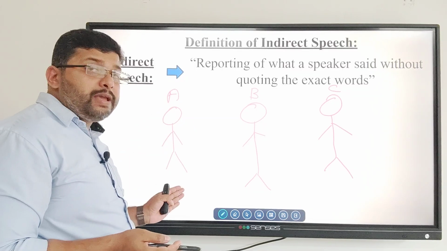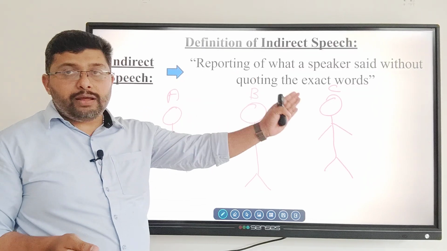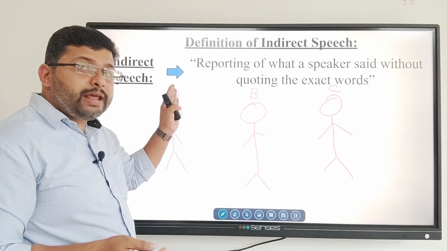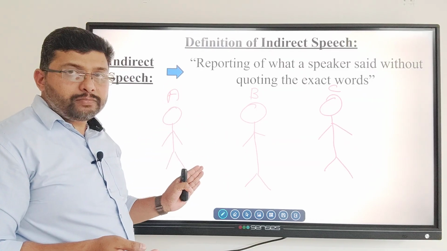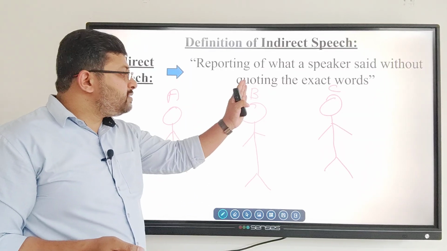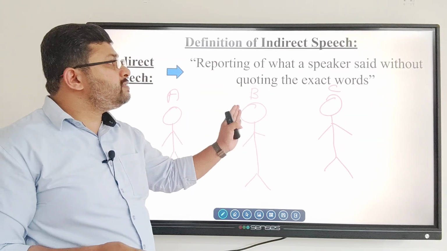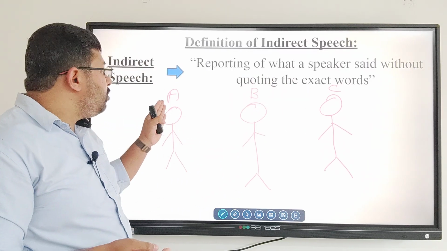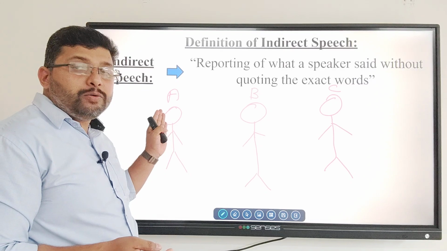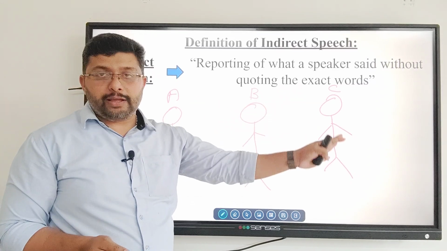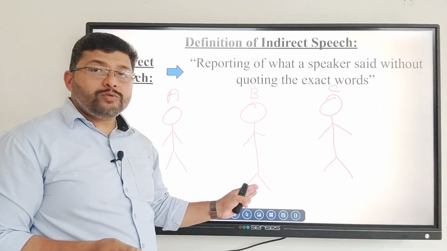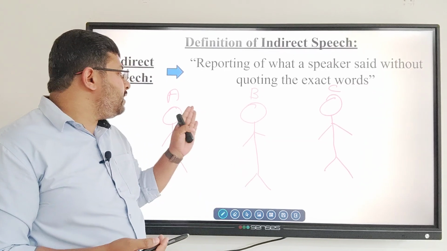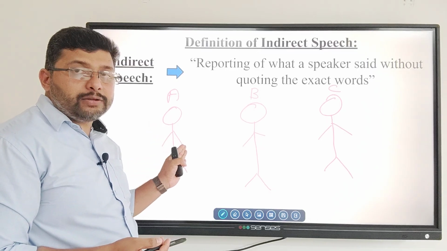If person A is present there, he can directly talk to person C. But since person A is not present there, in his absence, person B will be using some other words, without quoting the exact words of what person A said to person C. So person B will be using some other structure or some other words to express what exactly person A said.